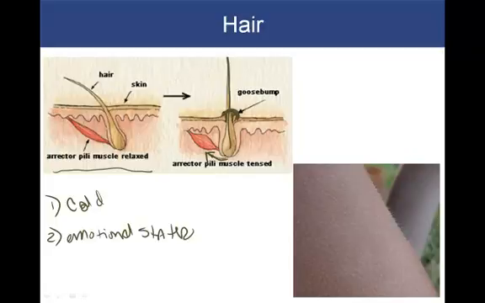Ultimately what this does is it makes the animal look larger than it actually is, and this is a way to intimidate. If you appear larger, you're likely stronger than you would have been if you were smaller, and that intimidates whatever it is they're scared of. So that's the idea behind that. Of course, again, it's nothing that we can use.